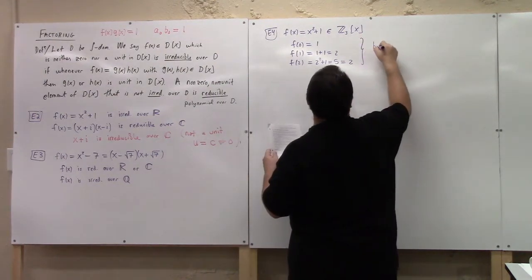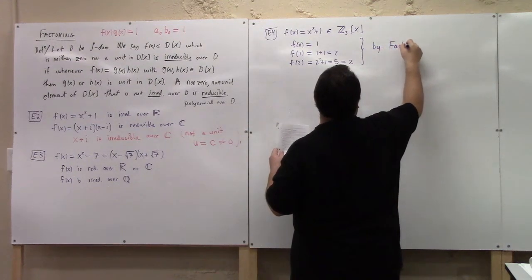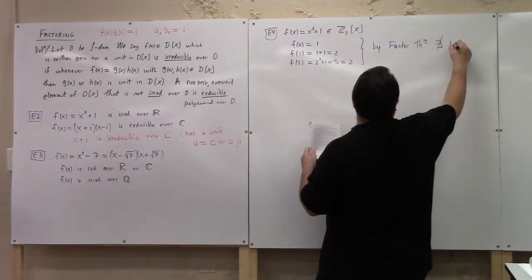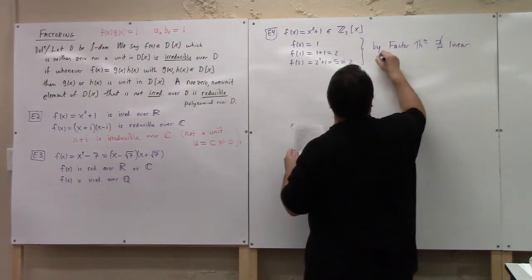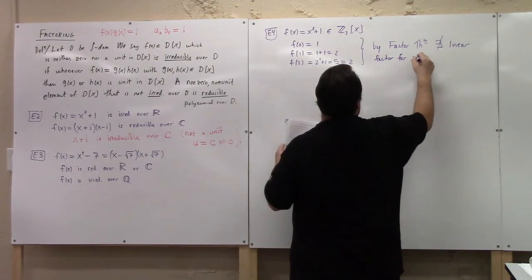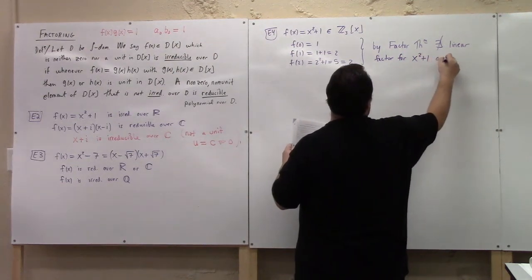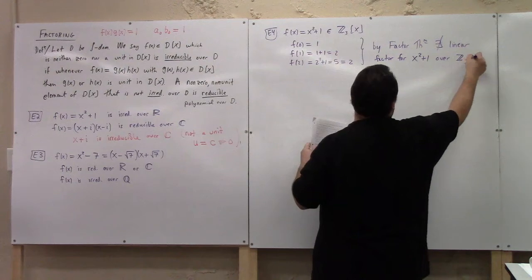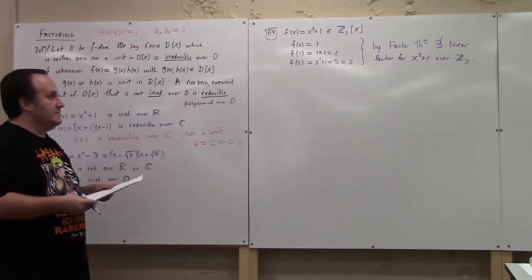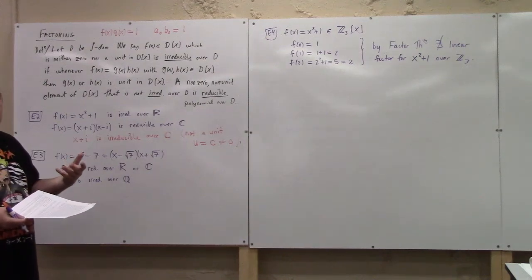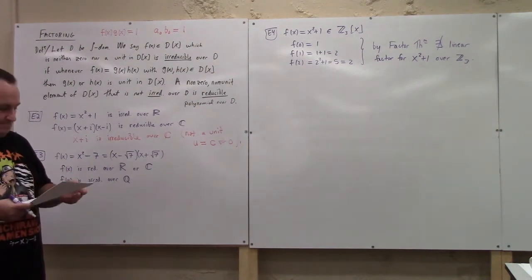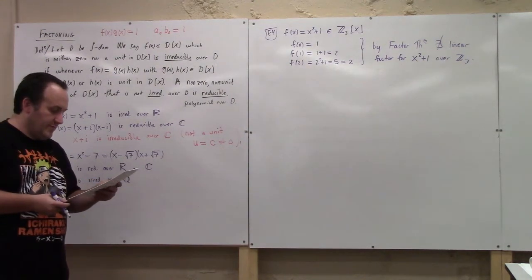So by the factor theorem, there does not exist a linear factor for x squared plus 1 over Z3. That shows f of x is irreducible in Z3[x].